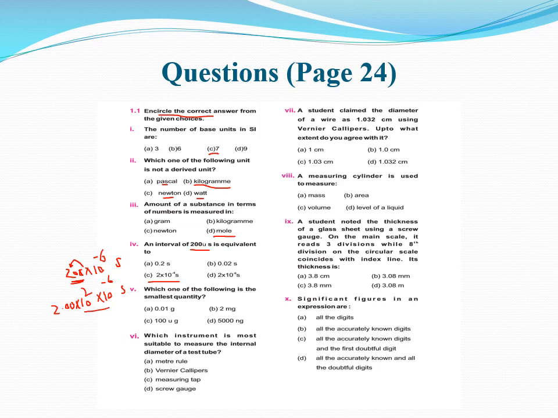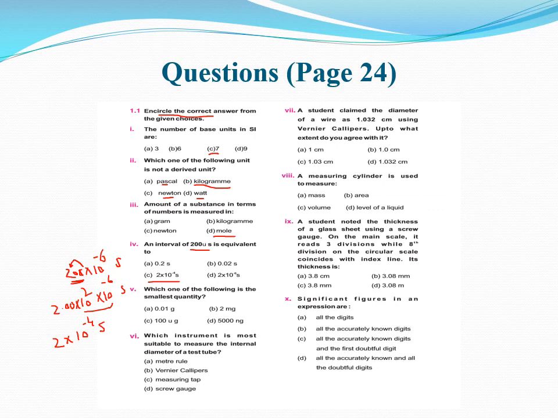So if you simplify these 10 powers, as you know, if bases are same, then powers are added up. So we would be having 2 times 10 to the power plus 2 minus 6, minus 4 second. So hopefully you understand. Here we talked about prefixes, micro, and how to convert a given notation into a scientific notation, and also there's an arithmetic concept. So in 4, the correct option is C.